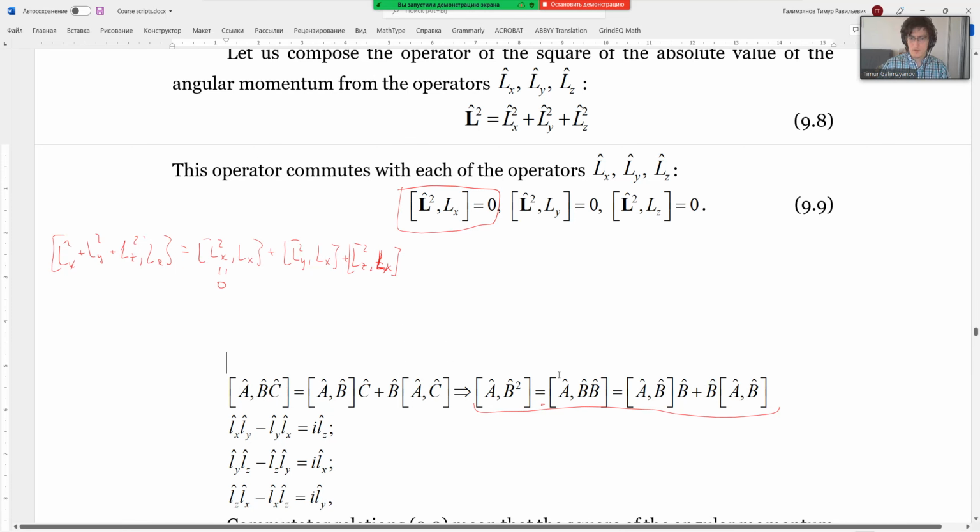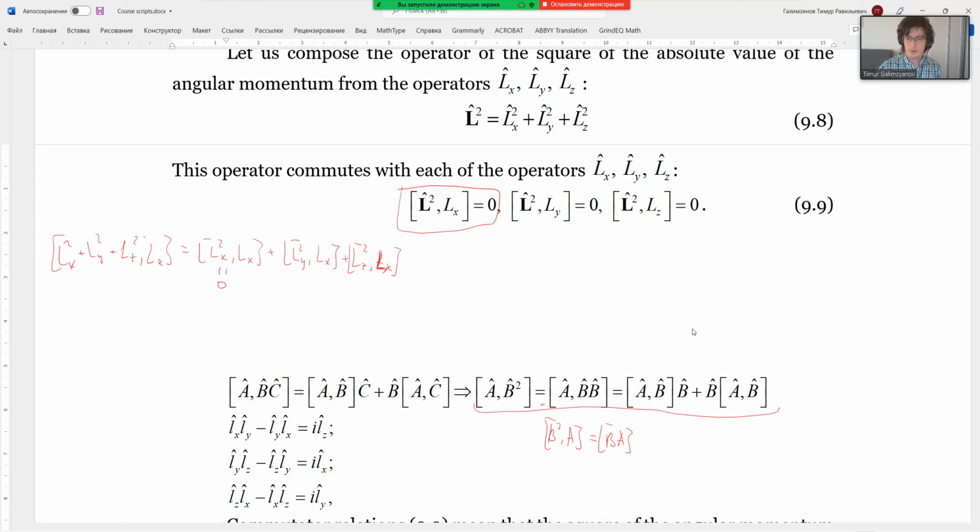So let's use this relationship, or we can rewrite these relationships vice versa. B squared A equals B times BA. So I just switched these operators.